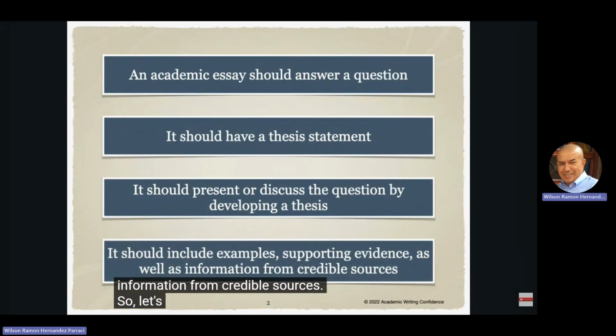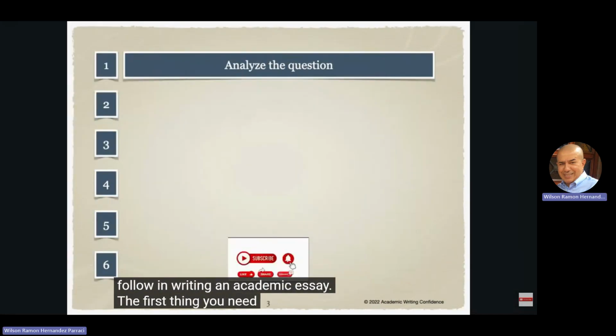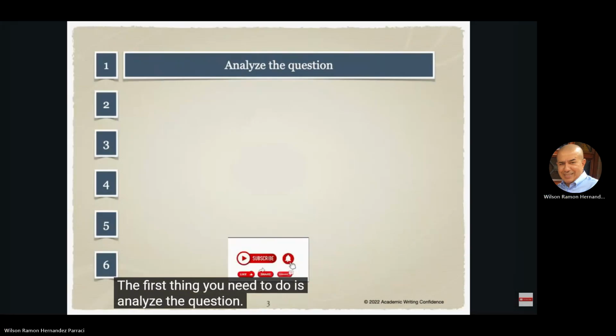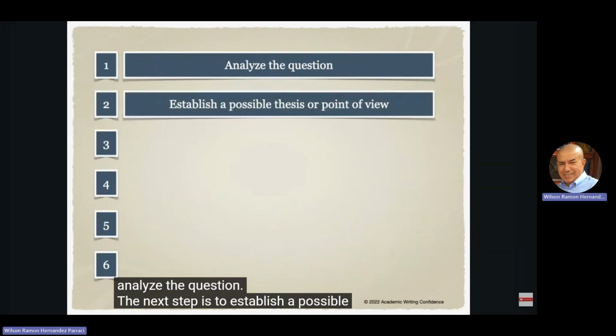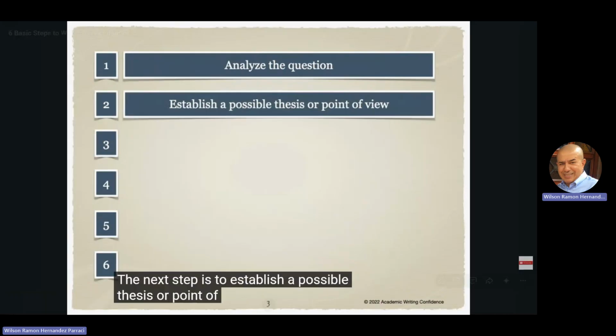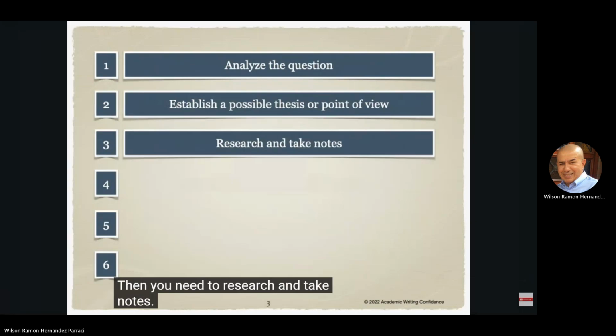So let's look at 6 basic steps to follow in writing an academic essay. The first thing you need to do is analyze the question. The next step is to establish a possible thesis or point of view. Then you need to research and take notes.